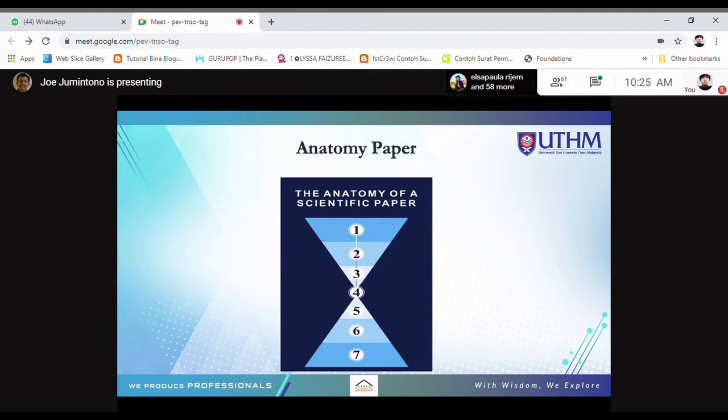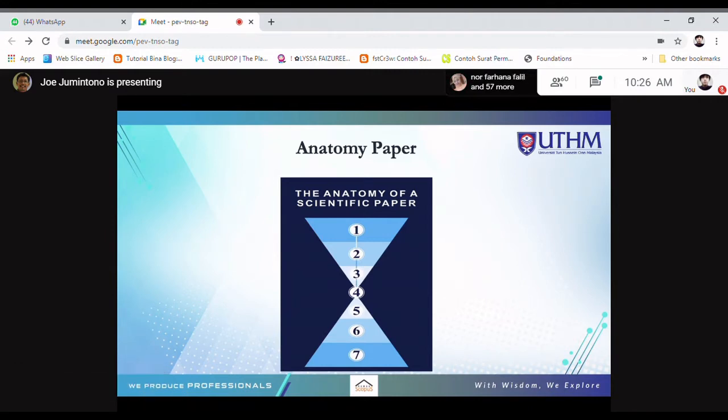So the introduction plays a very important role. Number 4 is the methodology of the research.